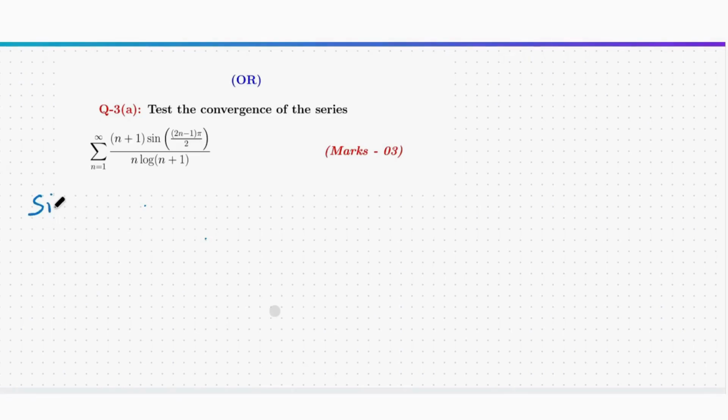Here we are using the property of the sine function. Now first put n equal to 1. So for n equal to 1, 2 minus 1 pi by 2, so we get sine pi by 2. Now put n equal to 2. 2 twos are 4, 4 minus 1 is 3, so 3 pi by 2, so we get sine 3 pi by 2.